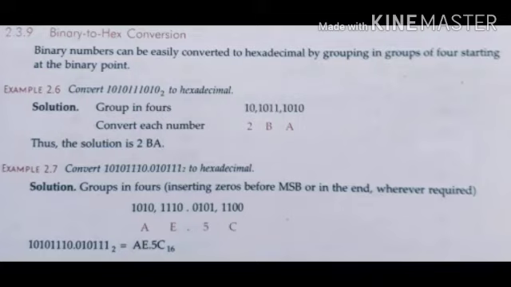Now for each group its equivalent hexadecimal value is written. For 10, this will be considered as 0010, and its equivalent is 2. For 1011, its equivalent hexadecimal value is B, and for 1010 its hexadecimal equivalent is A. If you put them together, it will be 2BA, the hexadecimal value for the binary number.